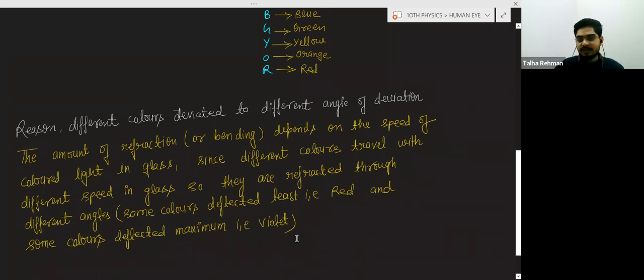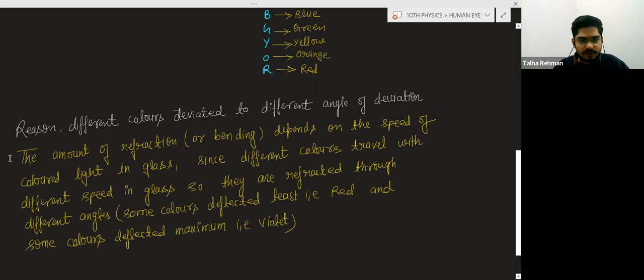You can explain this with the help of the wavelength also. As the red color has the largest wavelength, the speed of the light is also large. So as the speed of the light is large, there will be less refraction.